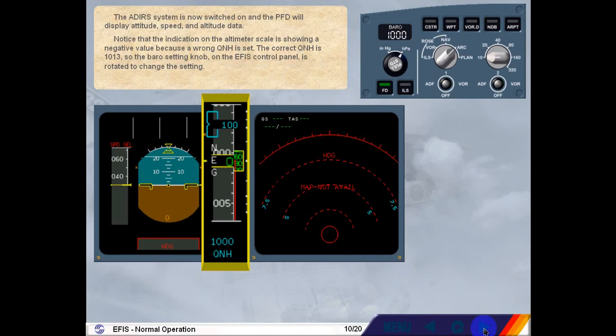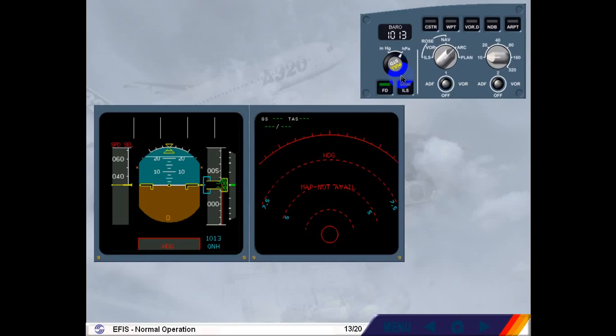Click on the baro setting knob to set QNH 1013. The QNH is set, and the negative indication has been removed from the altimeter scale.